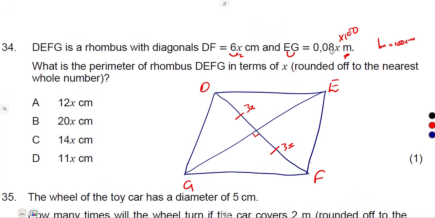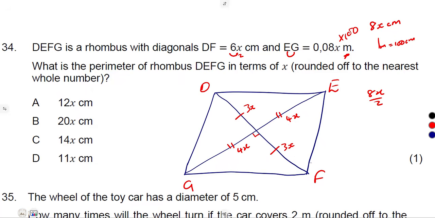So that was going to give us 8. So you were going to have 8x centimeters as a diagonal from E to G. But we need half of it because these diagonals bisect each other. So 8x divided by 2 was going to give us what? 4x. The whole of this is 8x, the same as what we had. This is what we have there.